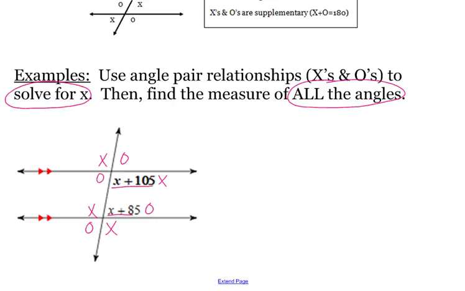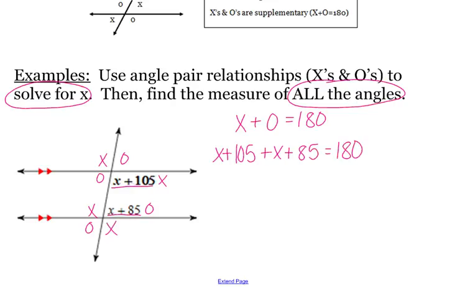An X and an O. What do we know about X's and O's? X plus O equals 180. They're supplementary. So let's fill in our parts. X is x plus 105. O is x plus 85. And together those give me 180.